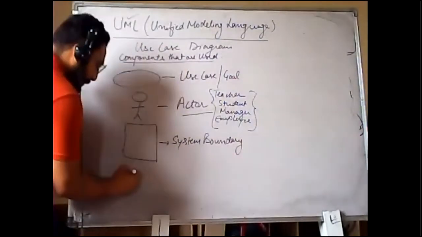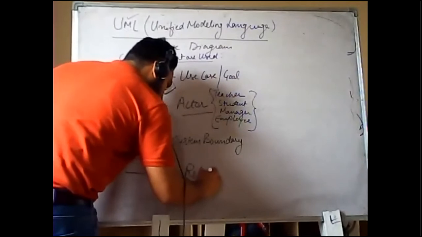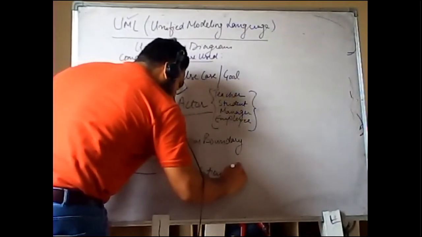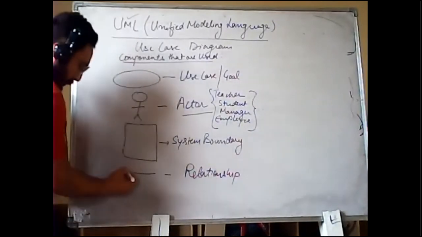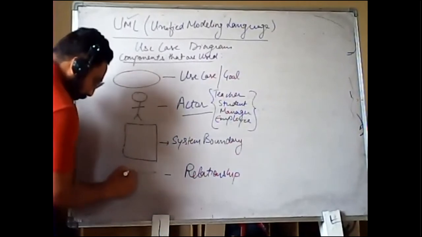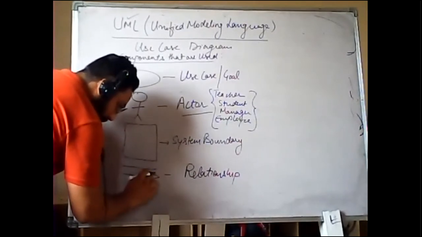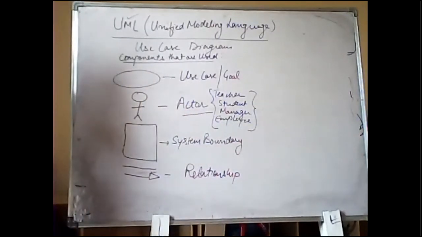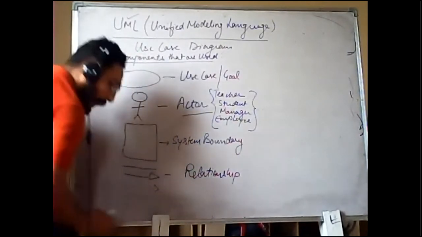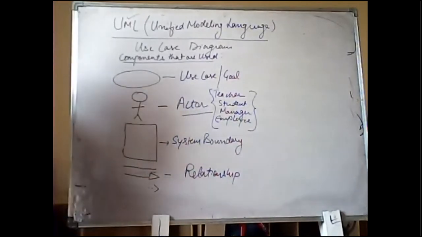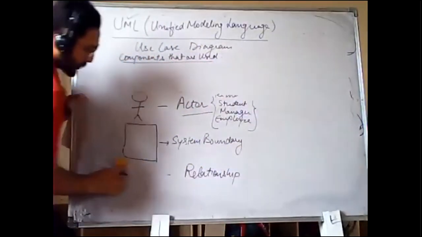And last is the relationship. It is a straight line, or it can be a generalization that I have told you about, and further there is a dotted line with an arrow. Here I will write the relationships.